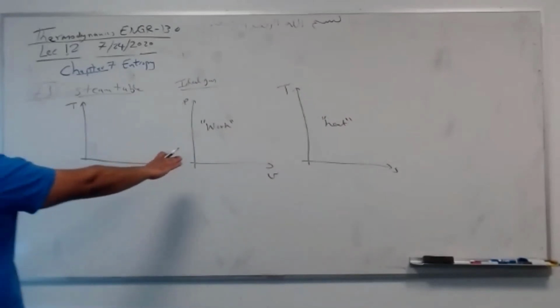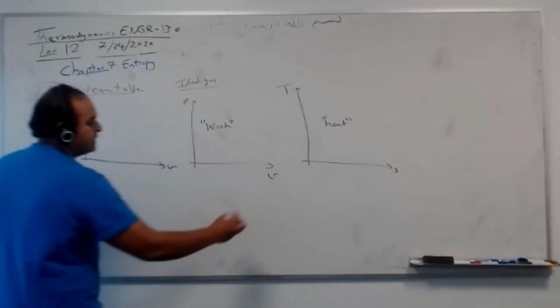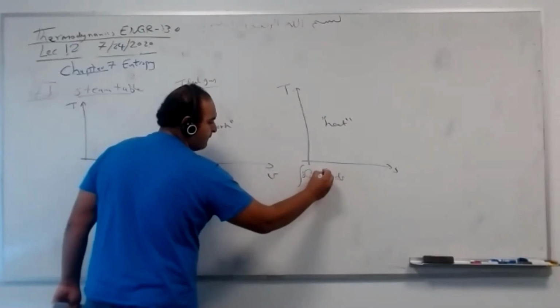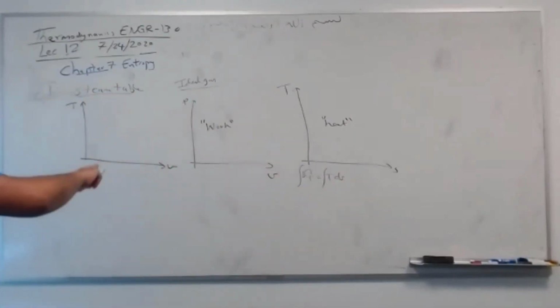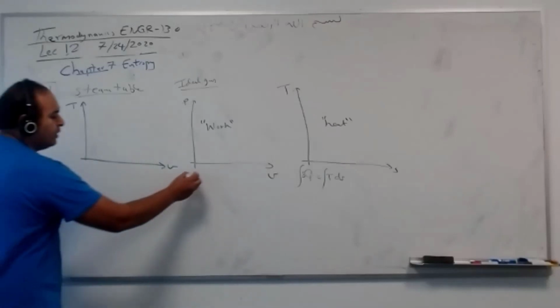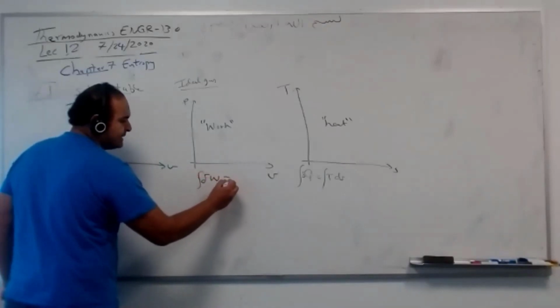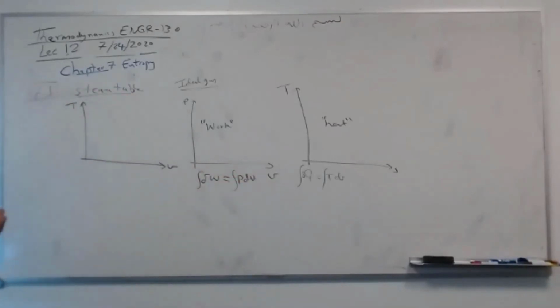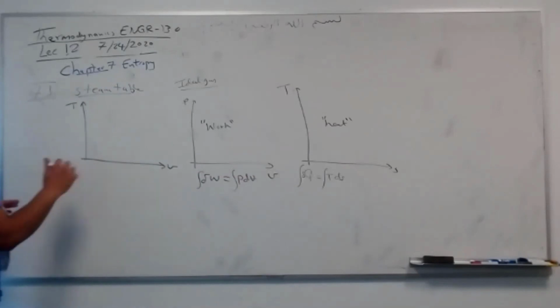Very good for heat, because Q is T delta S, or delta S is delta Q over T. Both are the same, both are correct. The heat you paid is the area under the curve in the TS diagram. Here, work is exactly P dV under the curve. This one does not have any of these, but it's also good.